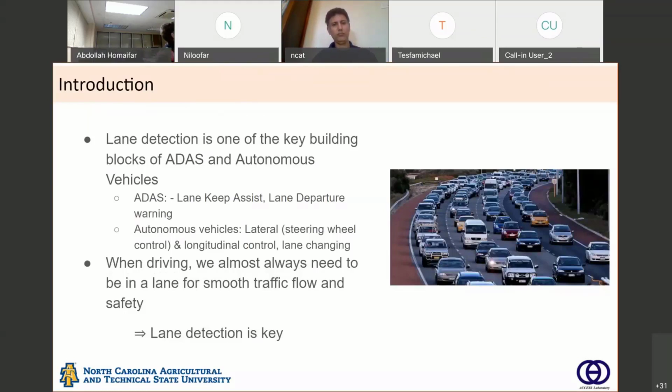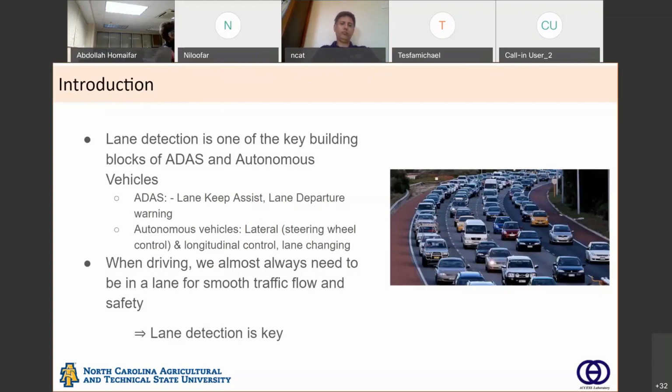So lane detection is obviously a very important building block for advanced driver assistance systems or for semi-autonomous vehicles. It's also a key building block for autonomous vehicles.